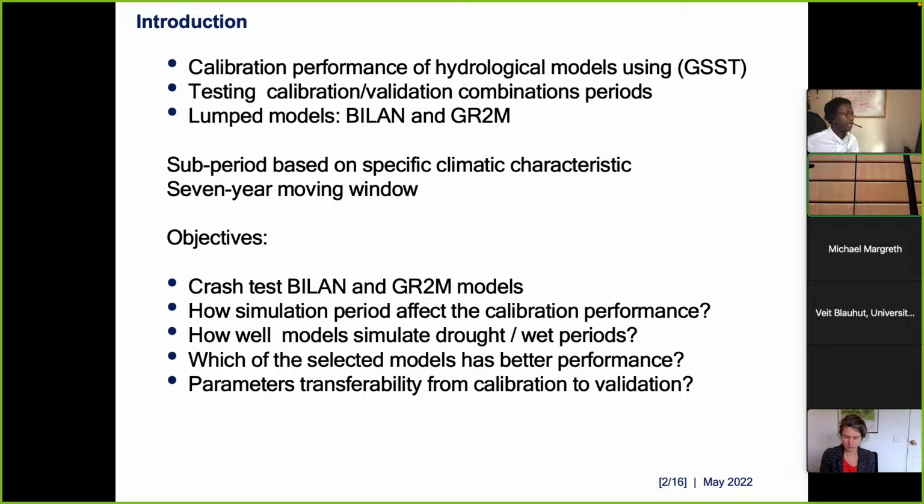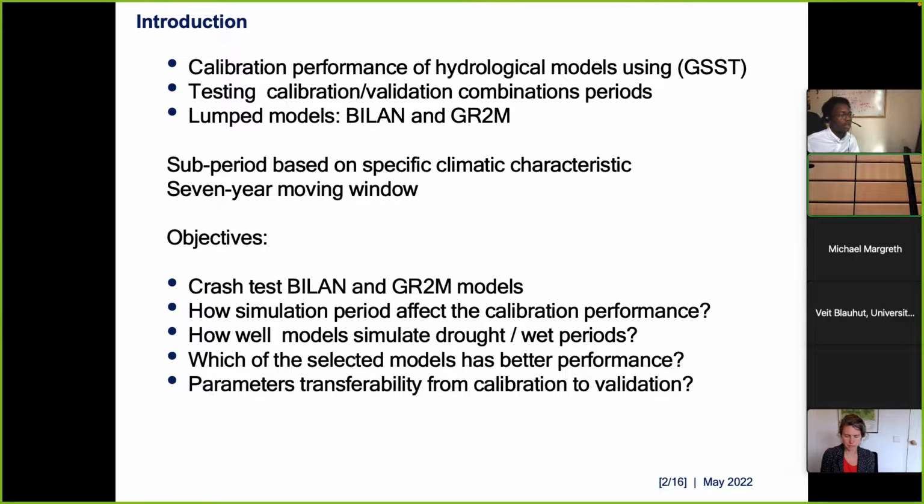The study investigated the calibration performance of hydrological models using the generalized split sample test, testing all potential combinations of calibration and validation periods using the Bilan and GR2M models over a set of 6 catchments of the Gambia River Basin. A subperiod was selected based on specific climate characteristics, which can be precipitation, temperature, runoff, and a 7-year sliding window.